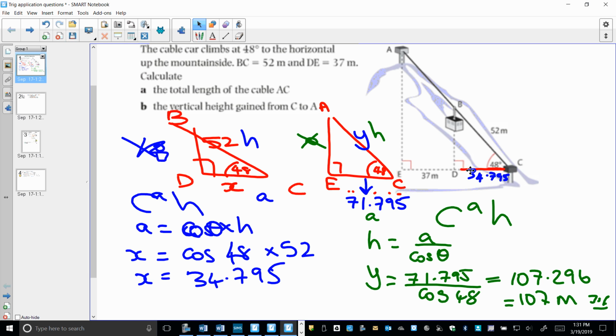Do you know what that means? Yes, the height upwards, this bit. So we are trying to establish the value of EA or AE.